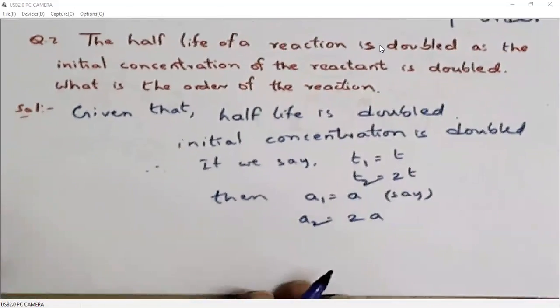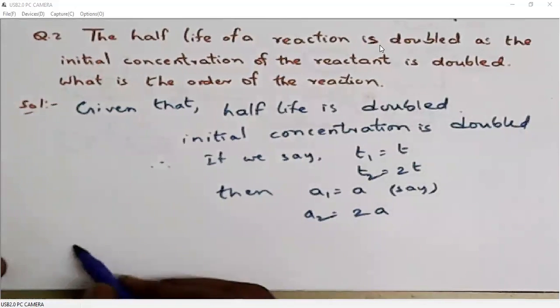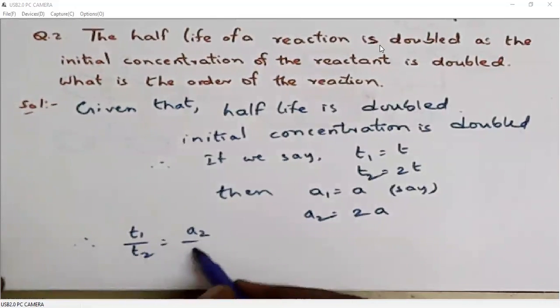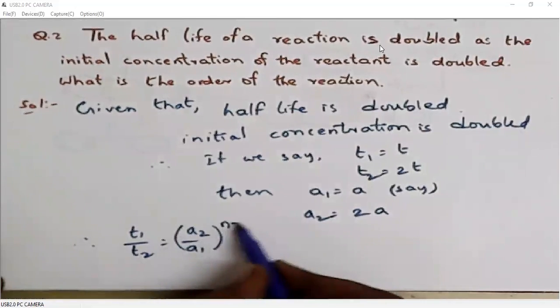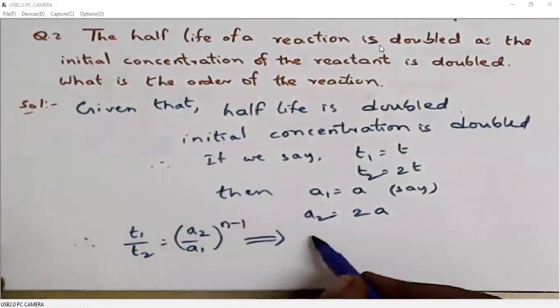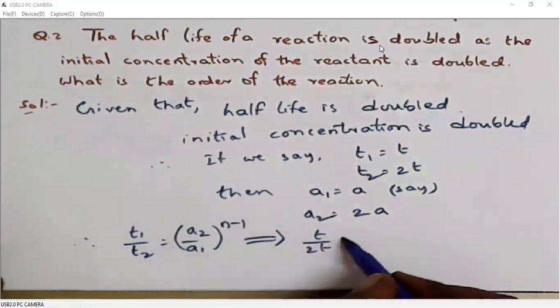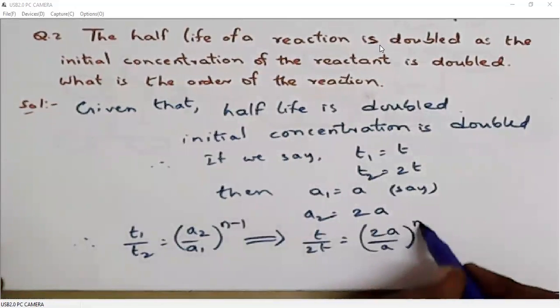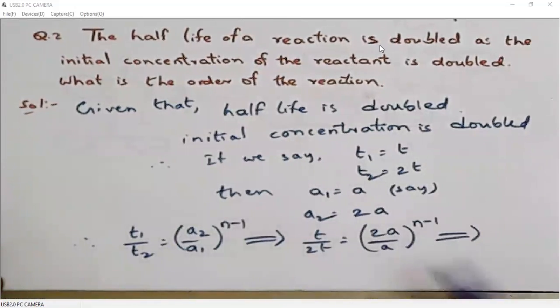We will substitute this data in the nth order half-life expression. T half 1 by T half 2 is equal to A2 by A1 whole power n minus 1. So T1 is T, T2 is 2T, A2 is 2A, by A whole power n minus 1. We can say 1 by 2, T will get cancelled, A will get cancelled, is equal to 2 power n minus 1.